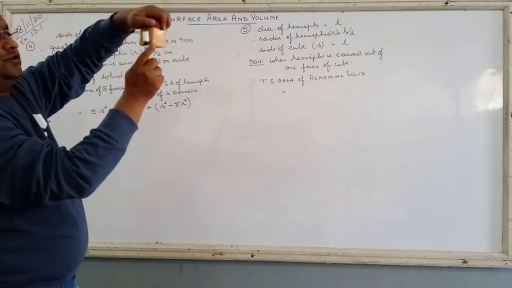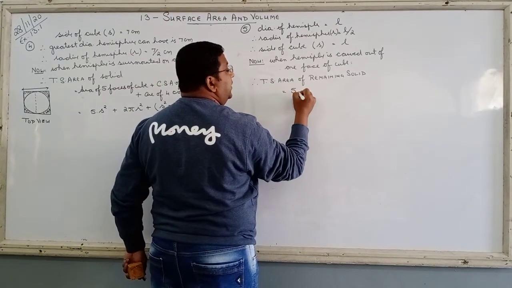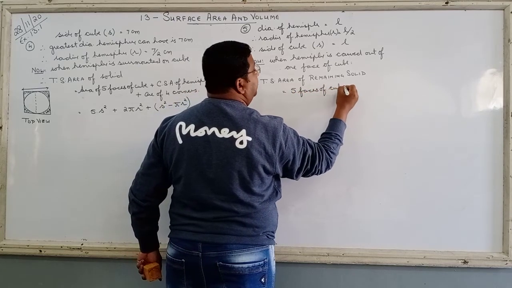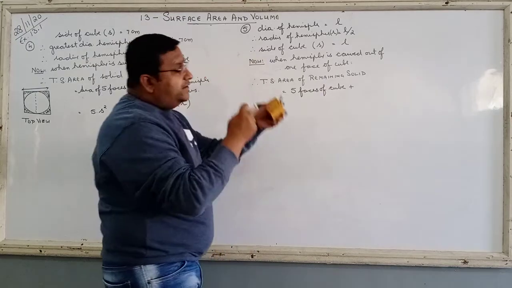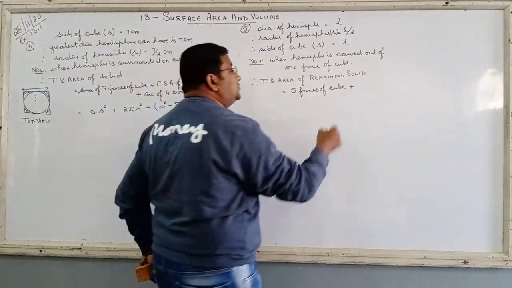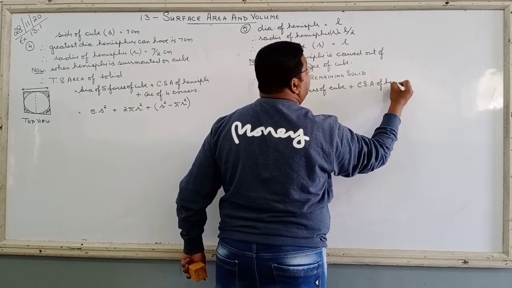Again, will the 5 faces of the cube be visible as it is? Definitely. Is equal to 5 into faces of cube plus, will the curved surface area of the hemisphere be visible? There will be a hemisphere visible to us, plus curved surface area of hemisphere.